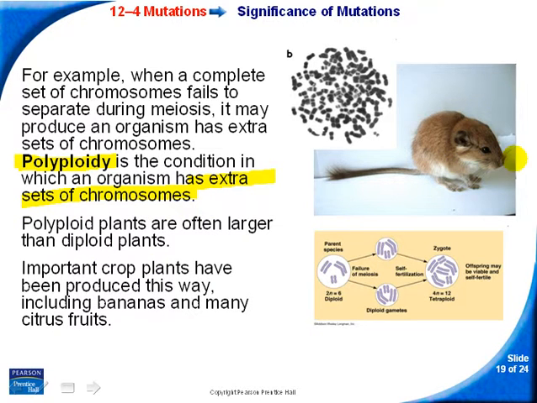And here, I think this mouse is from Argentina, and it's native there, and you can see it has a mess of chromosomes because it's a tetraploid. It has 4N chromosomes, which is double the chromosomes that its ancestor had. And often polyploid plants actually are viable, and they continue. In fact, bananas and some citrus fruits arose because of polyploidy.